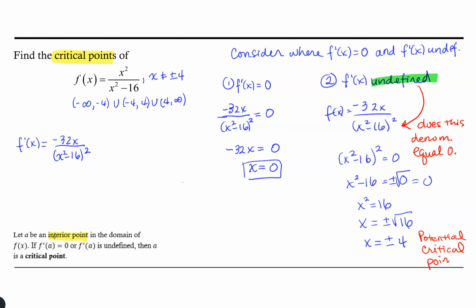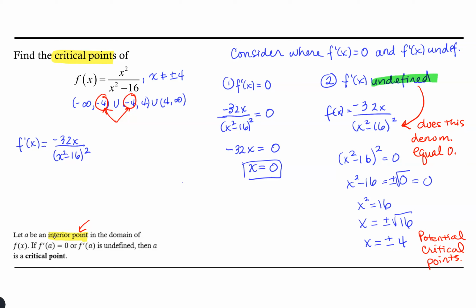And what we need to know is, are these interior points? Remember, that's part of the definition. Well, notice that -4 is not an interior point. It is not inside that interval. It's at a boundary. -4 is on the right boundary of the first interval and on the left boundary of the second interval.